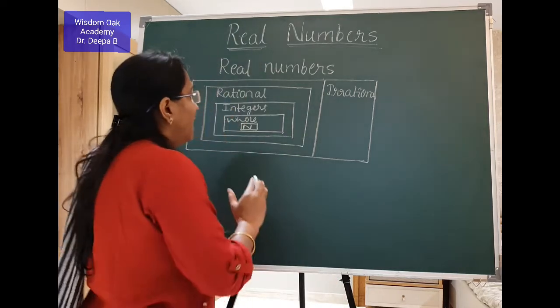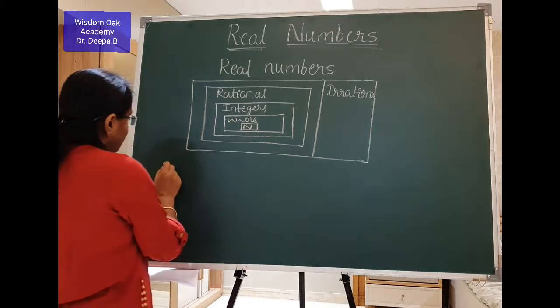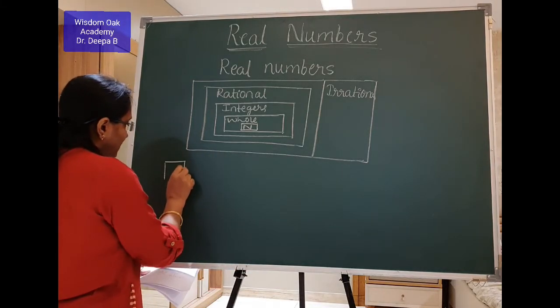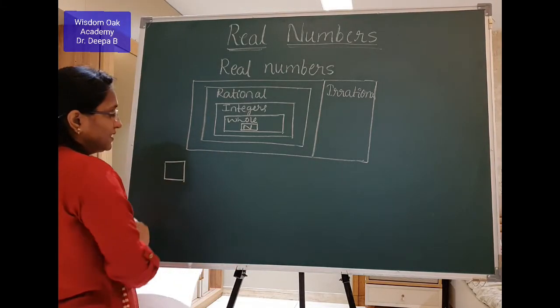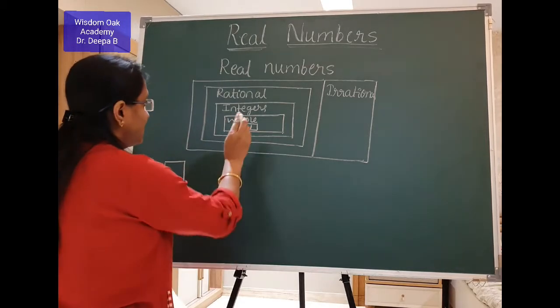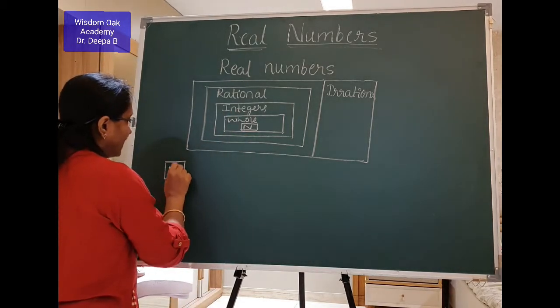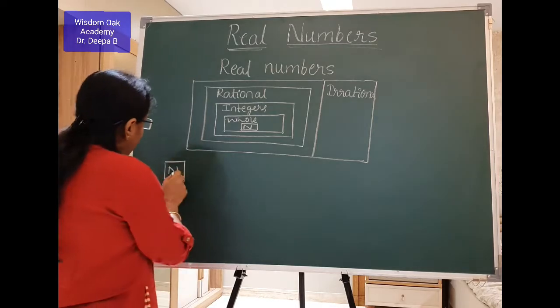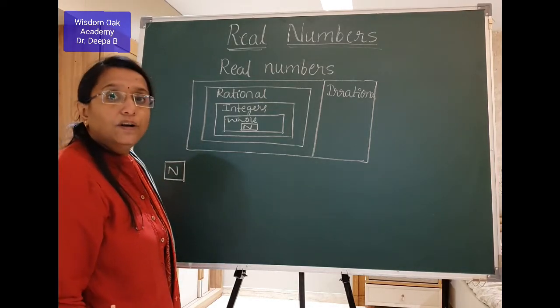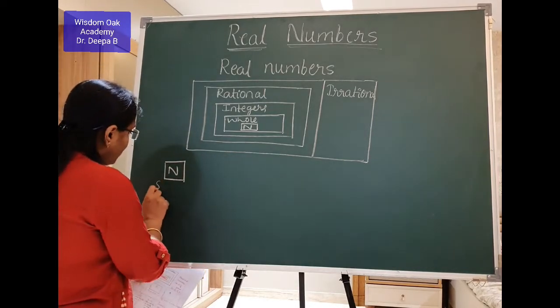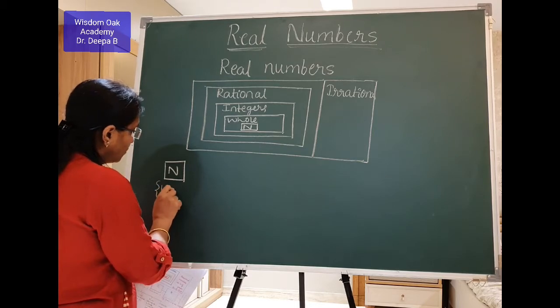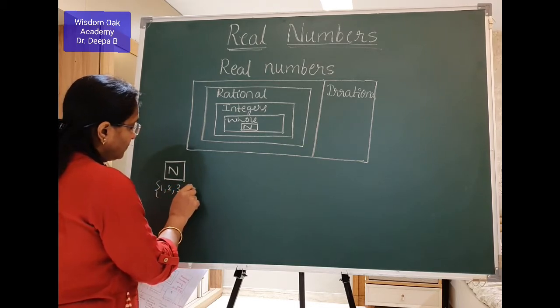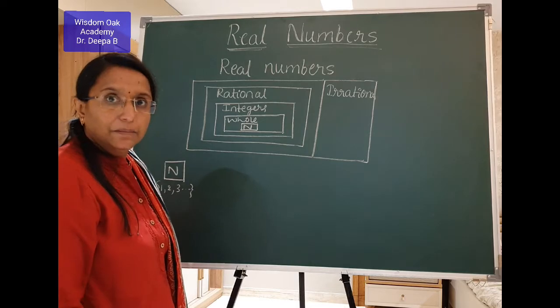To understand that, better I will take one simple example here. So let us consider the smallest set, that is set of natural numbers. It is also called as set of counting numbers. Here we will be having 1, 2, 3, so on. This is set of natural numbers.